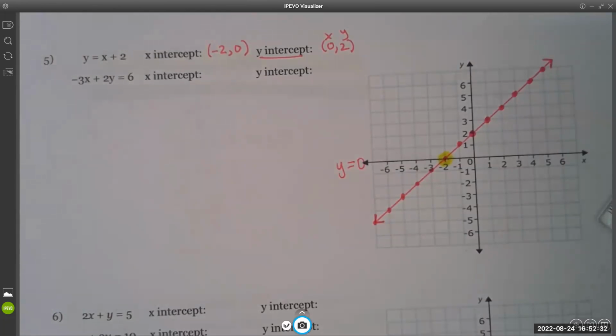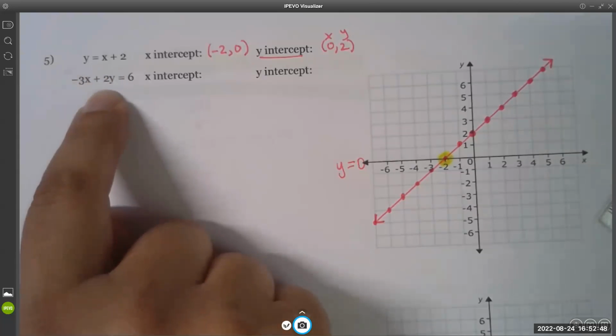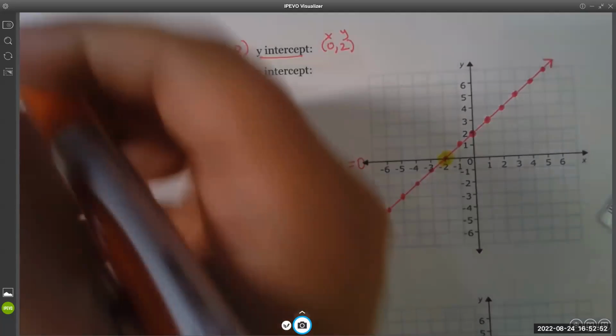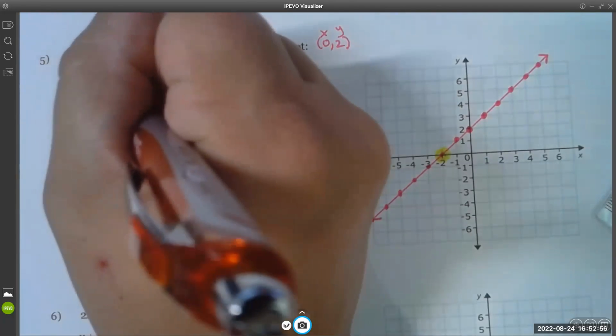So what I really wanted to give you a little bit more practice on are equations that are written in standard form. There are different forms of a line, and y equals mx plus b is just one form, and this is another form. The form of this line is actually ax plus by equals c.